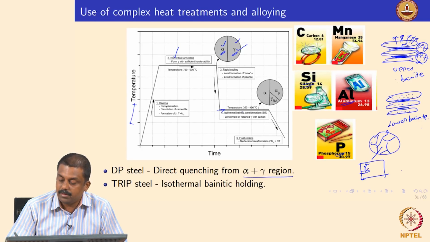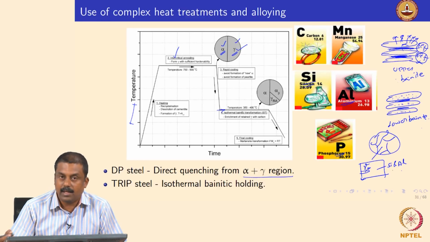Carbon has to be pushed out of the ferrite to the adjoining austenite regions. In a conventional bainite, what will happen? The moment the carbon atoms go and segregate, you would form a cementite lath in between two ferrite laths. Now this austenite contains more silicon and or aluminum.